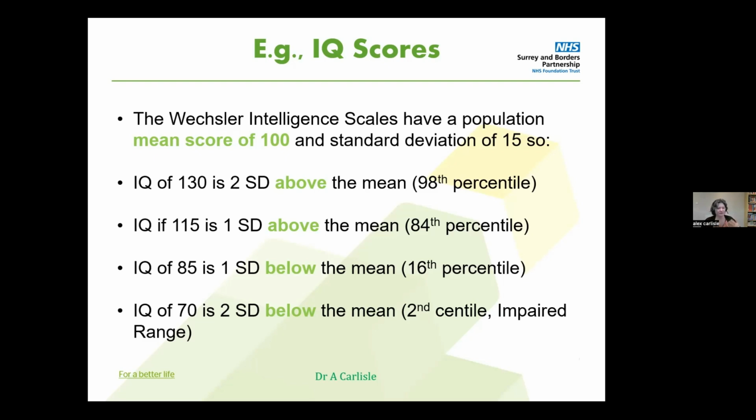So, thinking about the cognitive domain, here is an example of how standard deviations would look. 70 is 2 standard deviations below the mean, 85 is 1 standard deviation below the mean, 100 is average, 0 standard deviations, and then 115 is 1 above, 130 is 2 above.